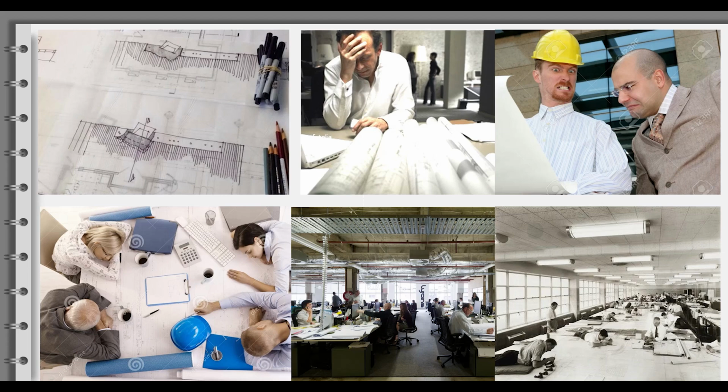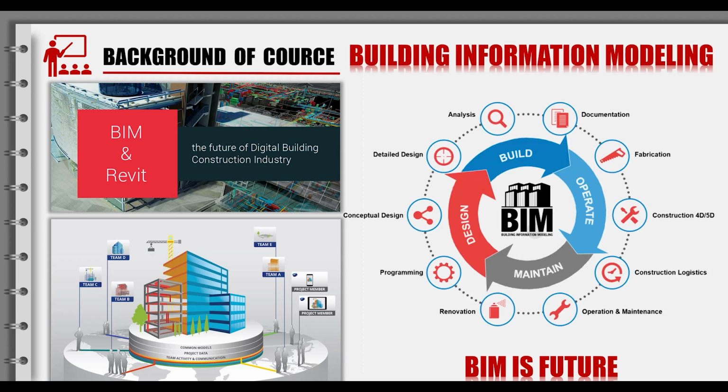This is the point where we need a platform for coordination and clash detection of the data for the perfect and easy execution of a structure on site. So this is where building information modeling comes into the picture.